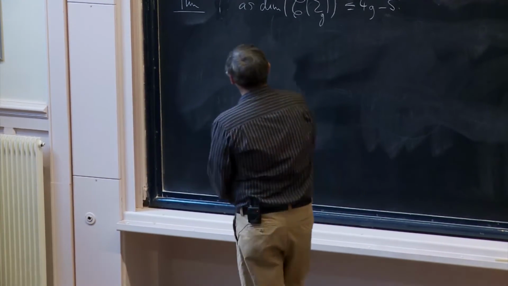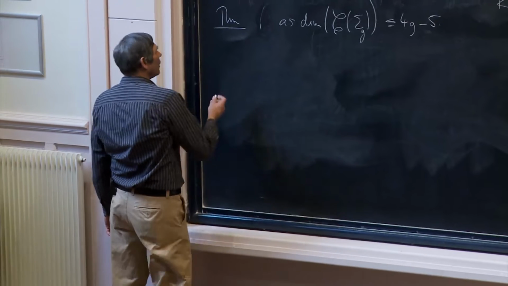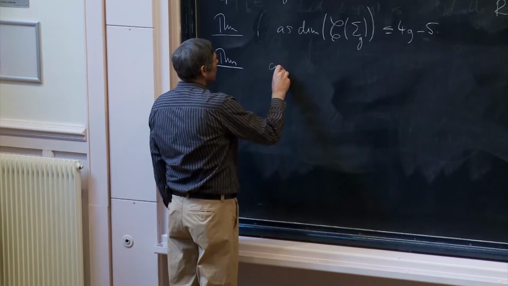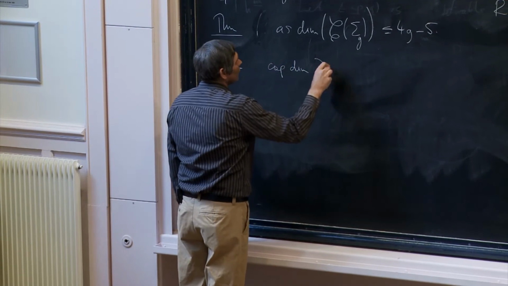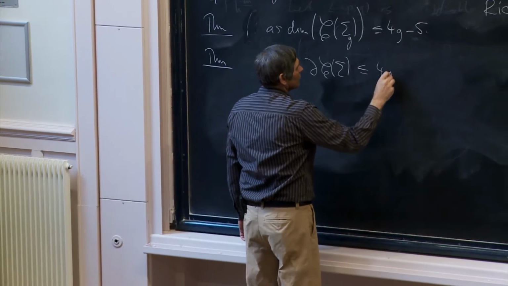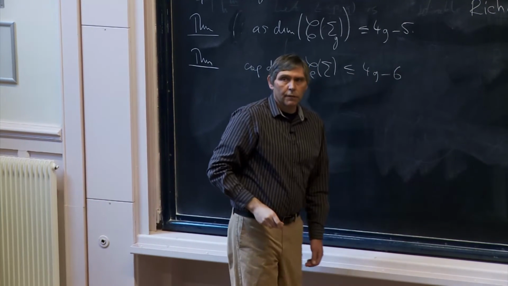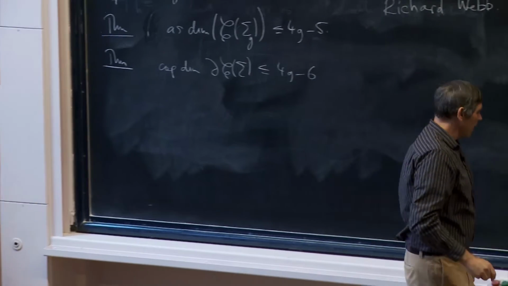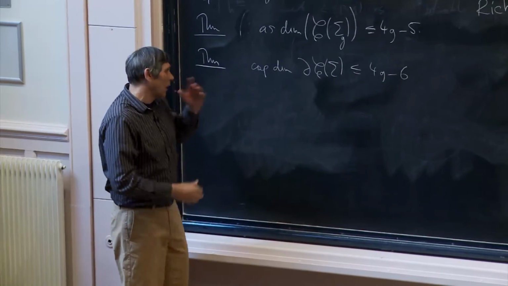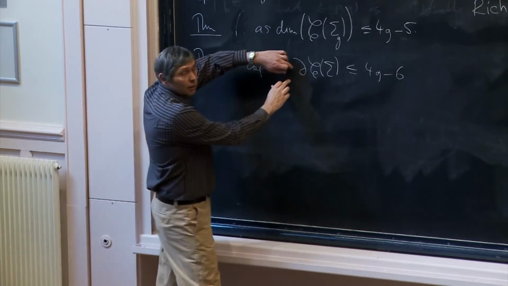So let me say a little more. What we're going to show, in fact, if you want, this is the real theorem that we prove, is that the capacity dimension of the boundary of C(Σ) is less than or equal to 4g minus 6. And this is actually a theorem of Gabai, who computed or gave these estimates for the topological dimension of the boundary.